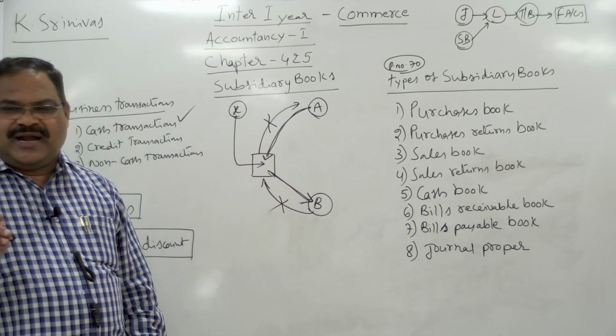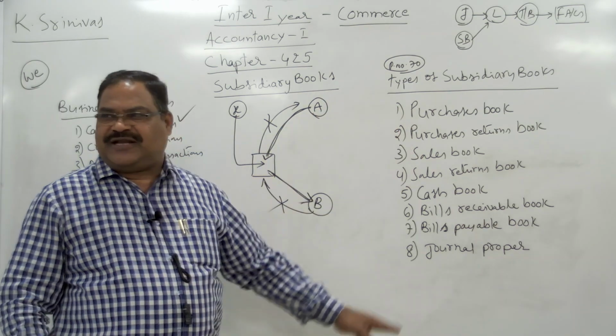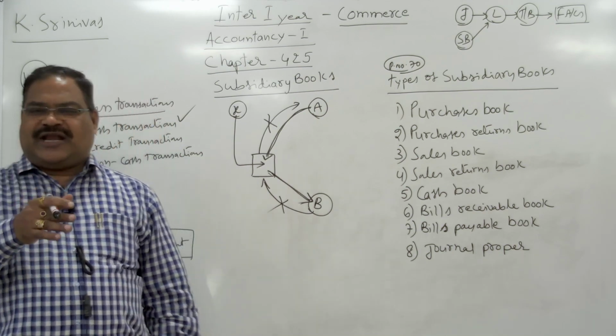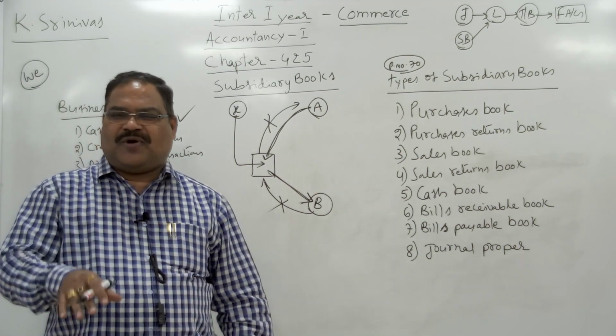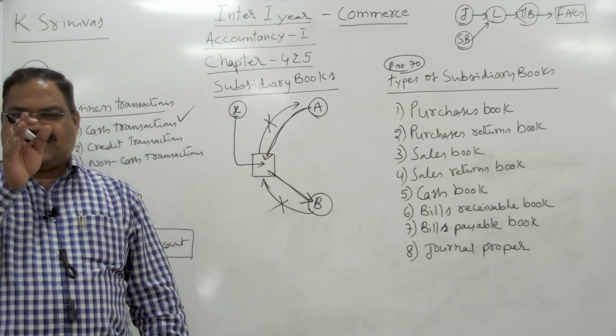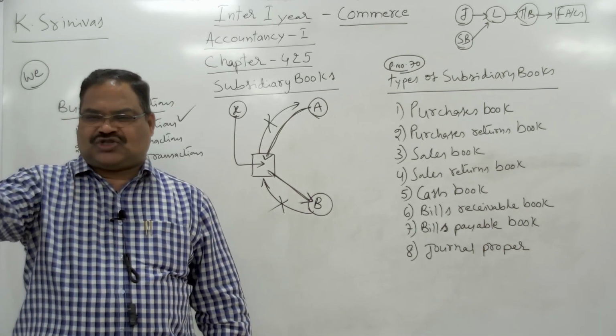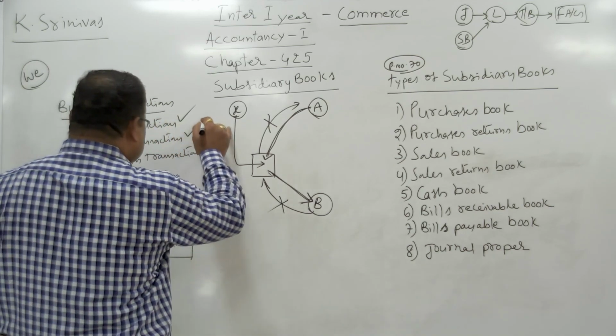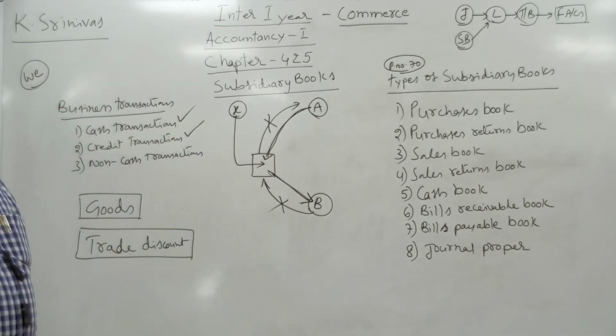It is very important. While explaining about the subsidiary books, I will explain again. But before entering into the subsidiary books, you should know what is a cash transaction, what is a credit transaction, and what is a non-cash transaction. I hope that you have got the cash transactions and the credit transactions.